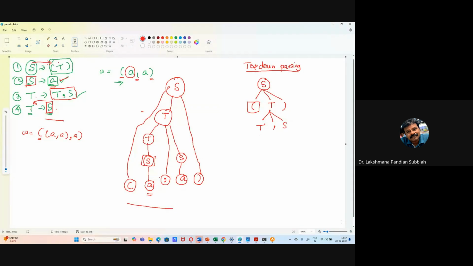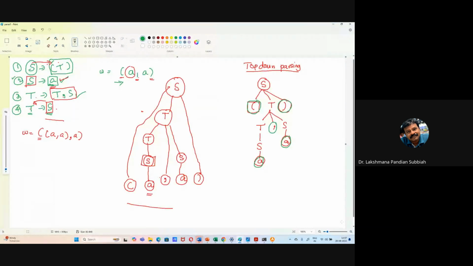We generate that a. Then S is there, and this S derives a. Now a string is formed as a top-down parsing: open bracket a comma a close bracket.